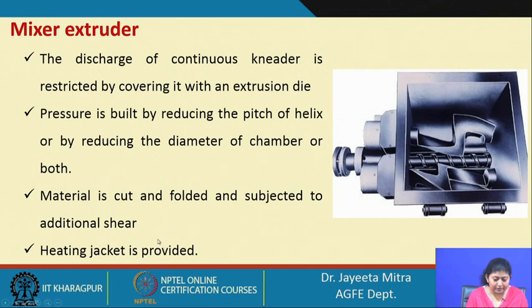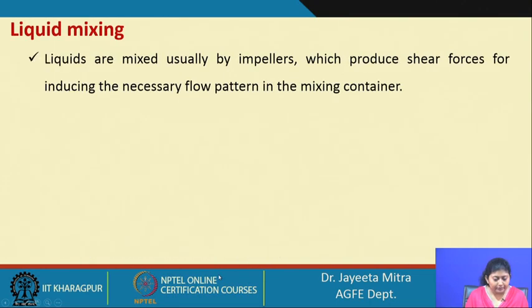Then it is called the mixer extruder, because in an extruder along with mixing many operations happen: shearing, kneading, mixing, cooking, and then finally the product comes out with expansion or puffing. In such a system we provide the heating jacket as well, because in extrusion we generally need a very high temperature. Now, liquid mixing.